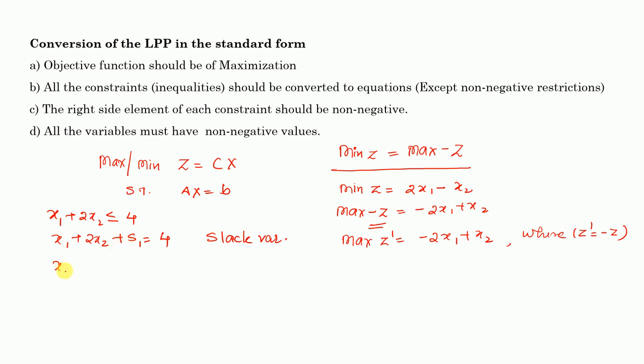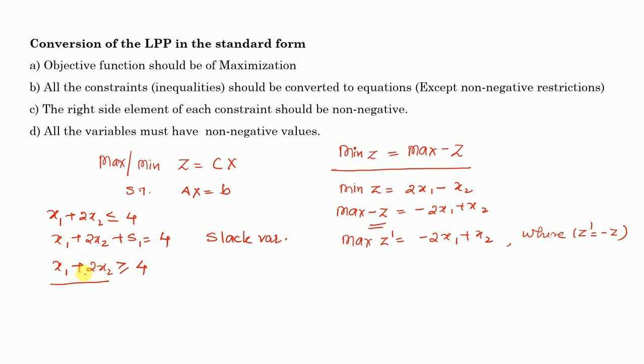Now the second example, suppose we have the inequality x1 plus 2x2 greater than equal to 4. Greater than equal to 4 means this left hand side part is something greater than 4. If we wish to make it 4, then we have to subtract something from this part.